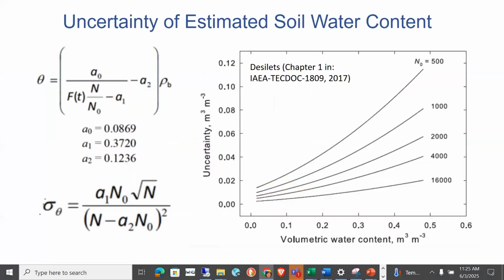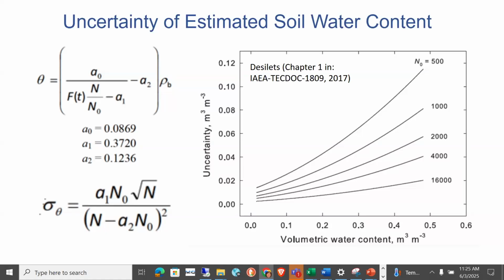Darren Desilets has done some analyses and looked at uncertainty. You might call this accuracy, I might call it precision, but you can look at the standard deviation of the water content as a function of the mean water content and also of this N0.